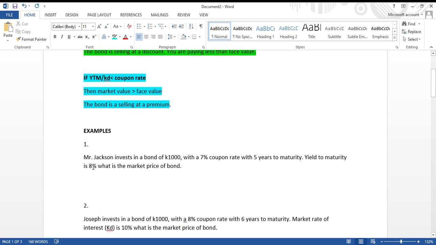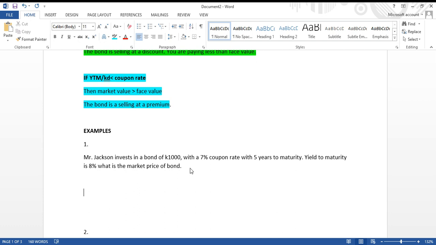The yield to maturity of the debt is 8%. The yield to maturity is the required return you expect to get if you hold your bond until it matures. So they ask us, what is the market price of the bond?